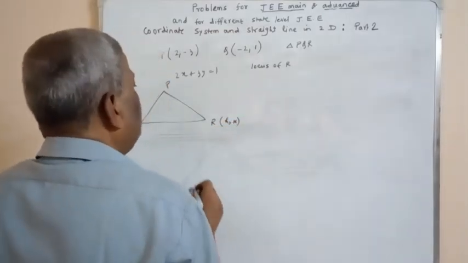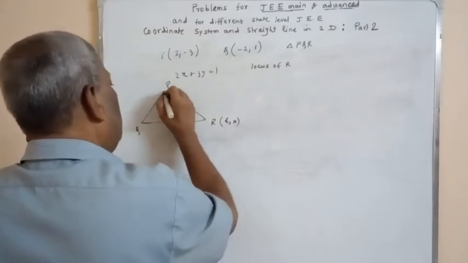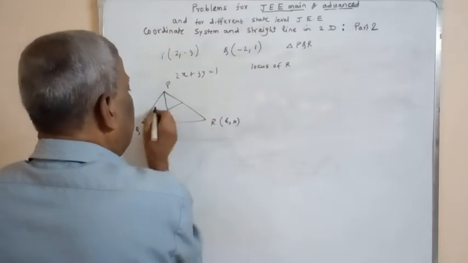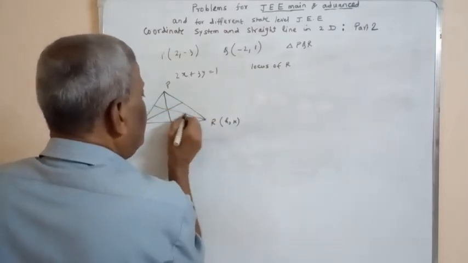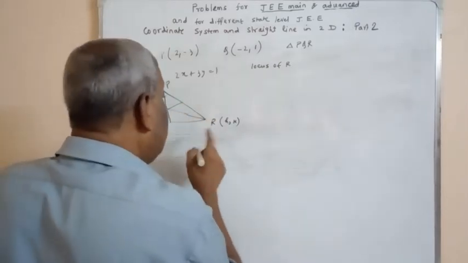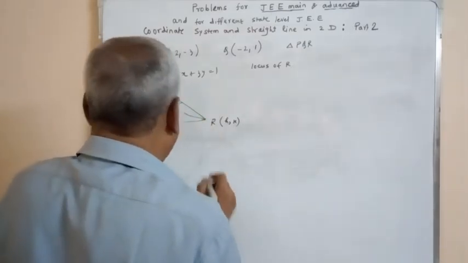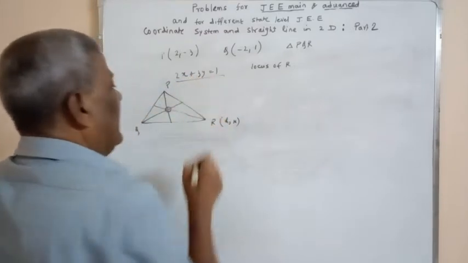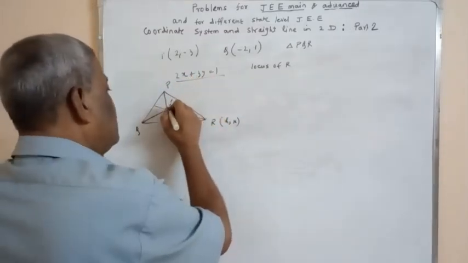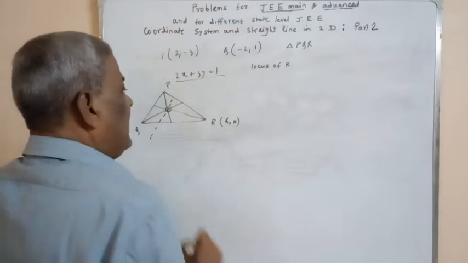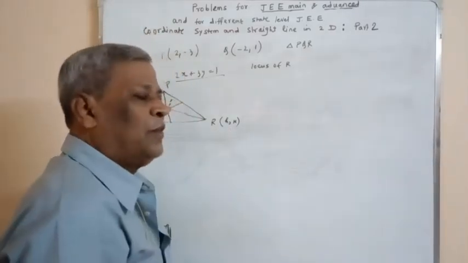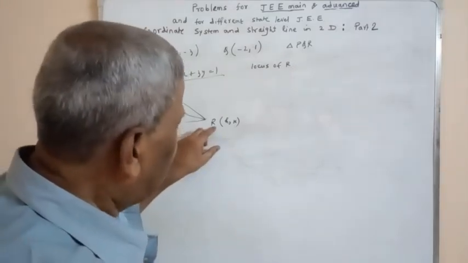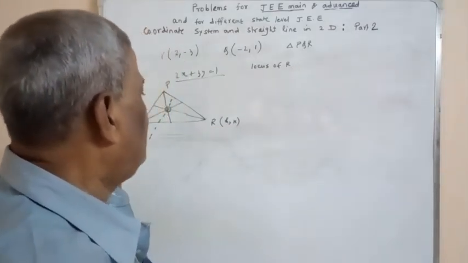And one thing is given, that the centroid, the point of intersection of the medians, lies on that straight line. Suppose this straight line is this. Then we have to find the locus of the third vertex. Suppose that the third vertex is (h, k).